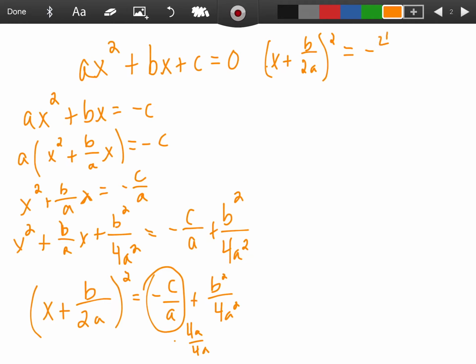That gives me negative 4ac over 4a squared plus b squared over 4a squared.